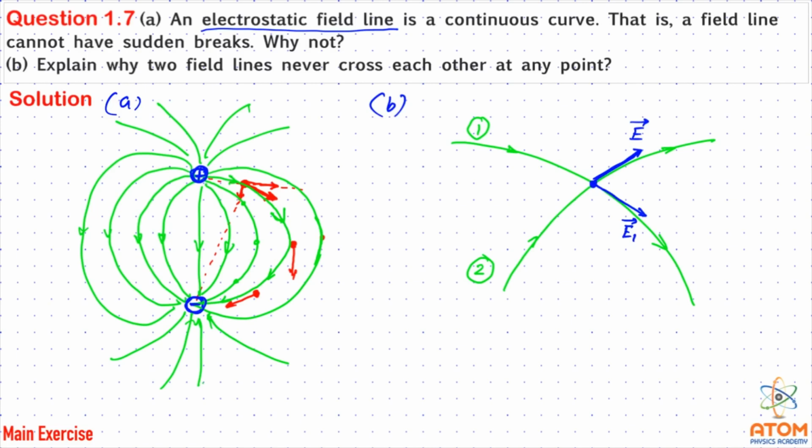It means that at this point there are two directions of electric field. See, this doesn't mean that there will be some resultant electric field. We are saying that according to these crossed field lines, the electric field has two directions at this particular point.